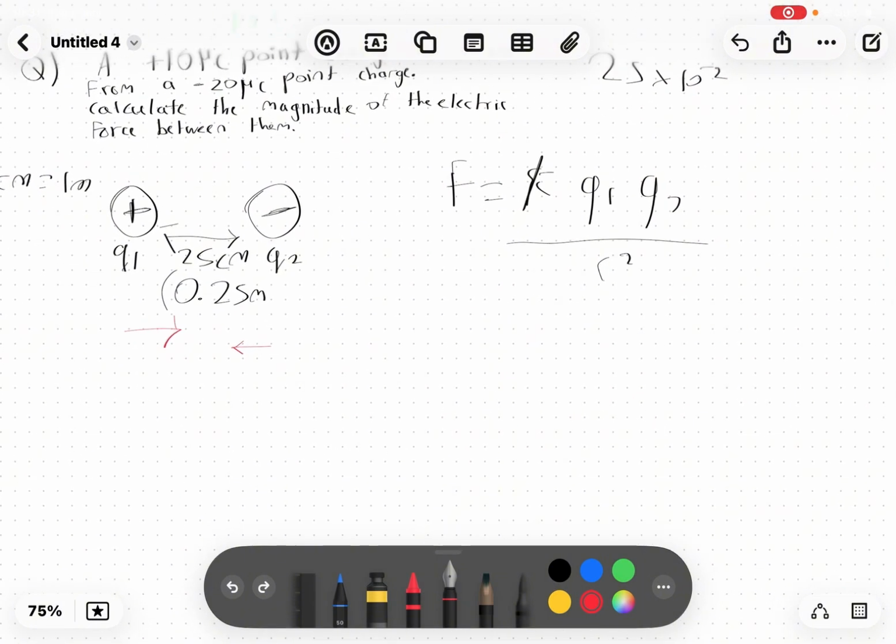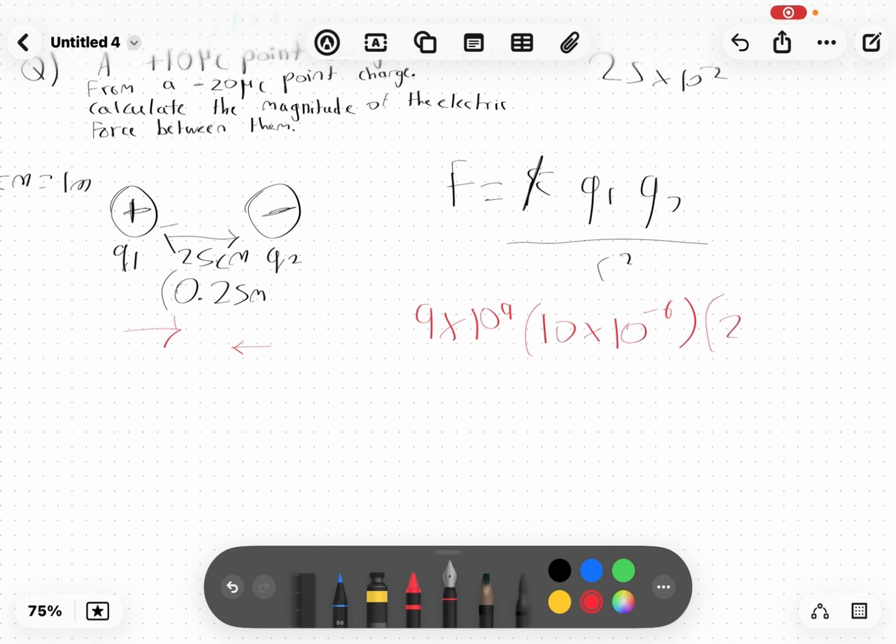K equals 9 times 10 to the power 9, then 10 times micro, because we don't need our answer in micro. When we multiply by micro, it gives us the number by itself, if that makes sense.